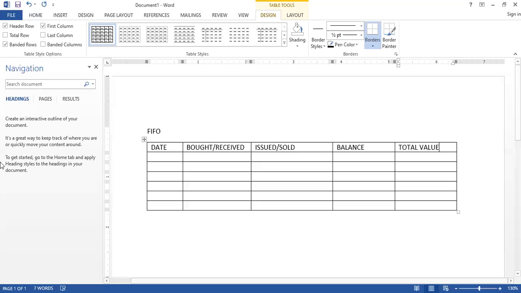Okay, so the first thing that you record is your balance, in cases where you are given a balance brought down. I was going through some old question papers, and I've seen that in some questions you can be given a balance brought down.